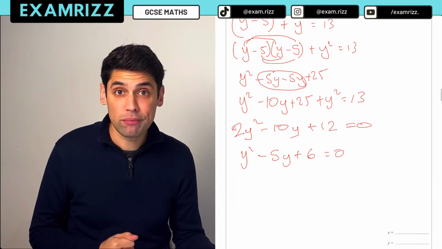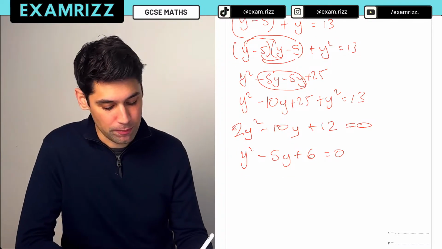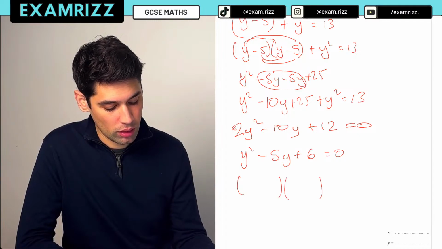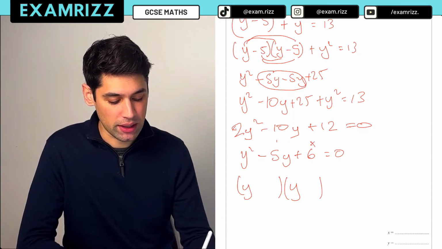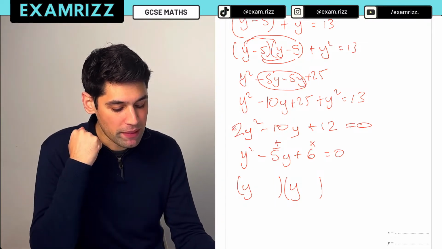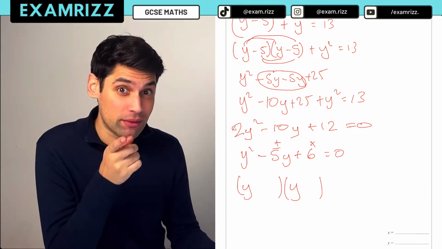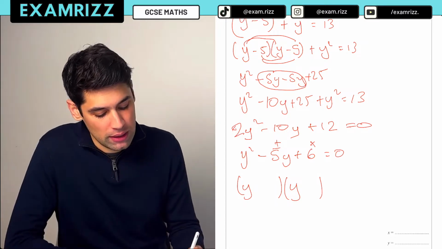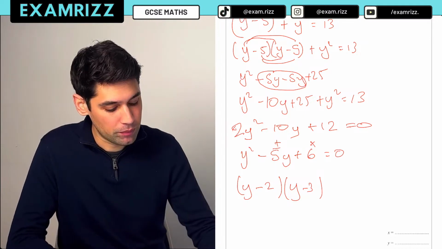Now, once again, our instincts should tell us to factorize here. Factorizing is the aim. Remember, we're looking for two numbers that times together to make 6 and add or subtract to make minus 5. So I'm thinking 2 and 3, but negative 2 and negative 3, because negative 2 take away 3 equals negative 5.